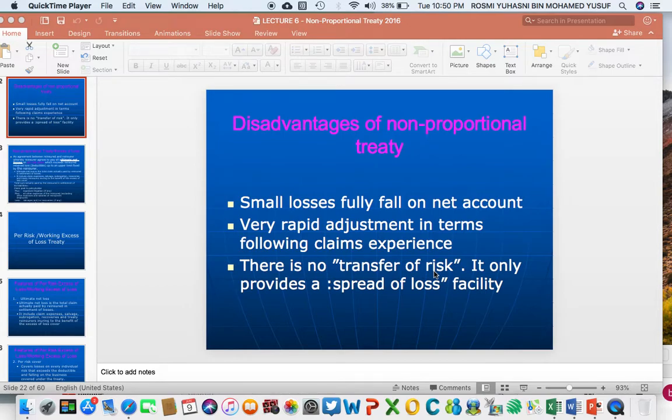Since there is no sharing of risk, the relationship between the insurer and the reinsurer is short-term. Compared to proportional reinsurance, where insurer and reinsurer share original risk, the relationship is more long-term, which is beneficial to the insurer.